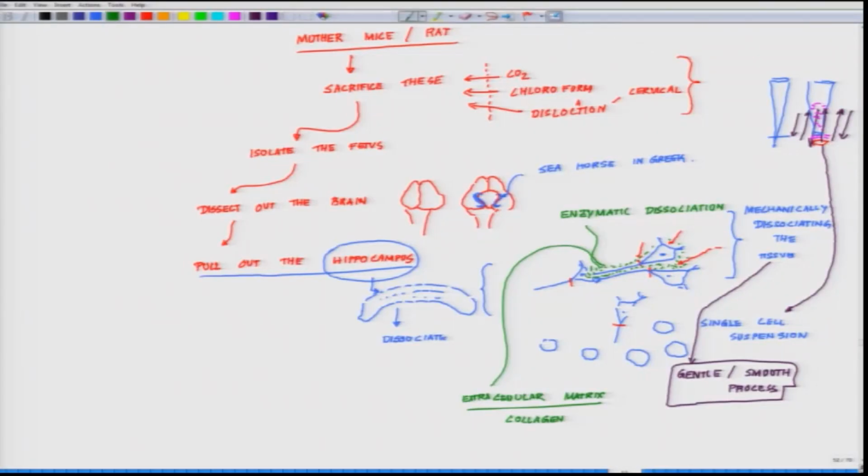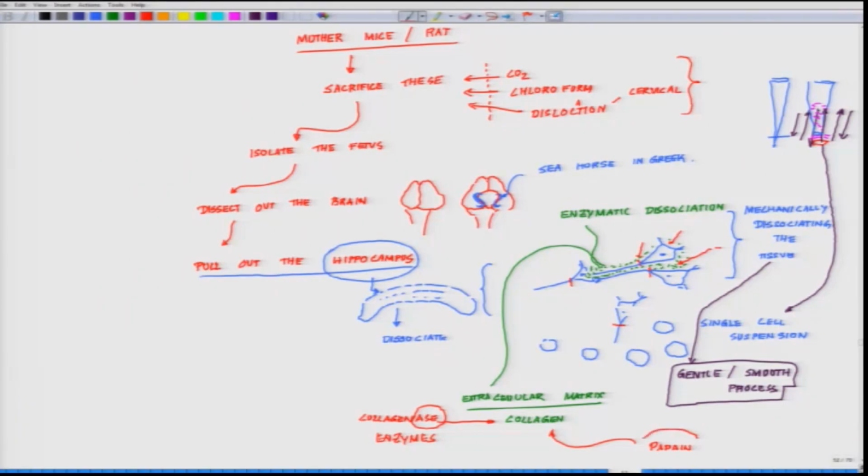I will use an enzyme which will break the collagen. I will use collagenase. Whenever it ends in -ase, it means it is an enzyme. So, I use collagenase enzyme at a limited concentration. You have to be very careful what concentration you are using, or I can use another protease which will break these bonds of collagen. I can use papain.